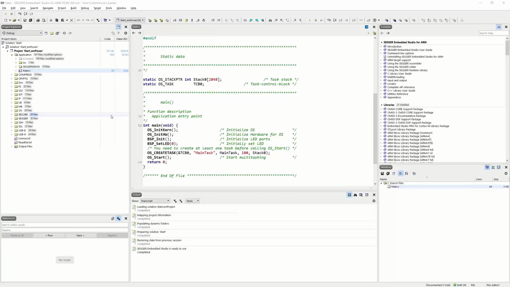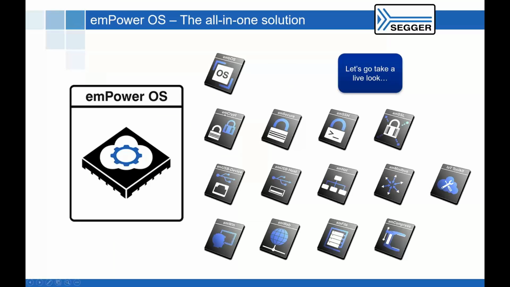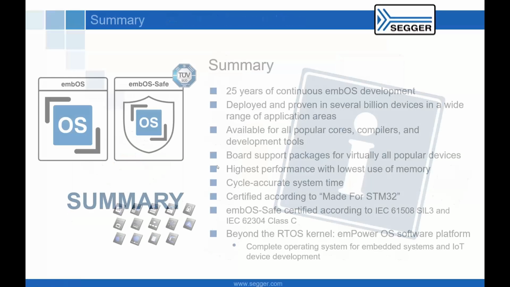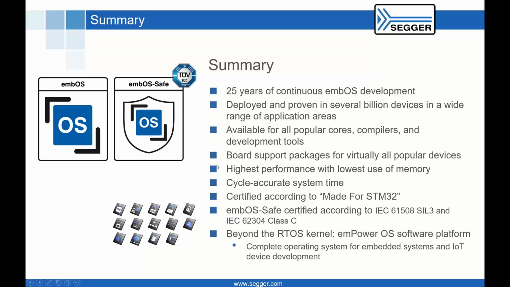All right, so we are coming up to the end here. So just a quick summary. I should have updated that: 28 years of continuous development for embOS, deployed in lots and lots of devices around the world in different areas. I hope I was able to show you that it's available for all popular cores, compilers, and development tools. We saw all the different board support packages for all the popular devices. It has really high performance, but still is very modest in terms of the amount of memory it needs.